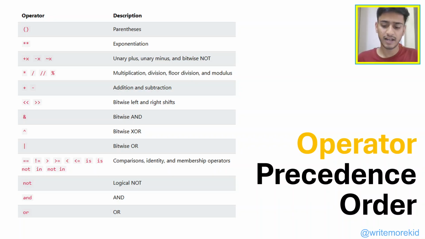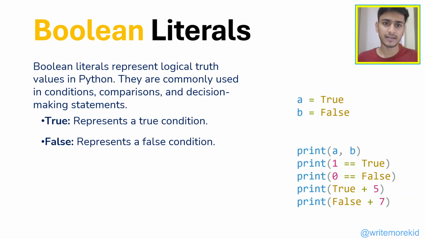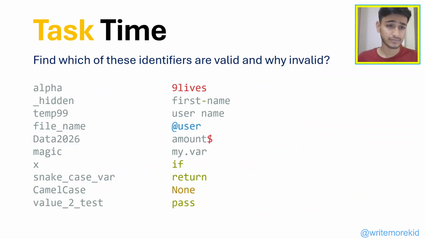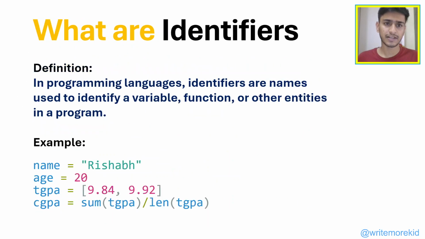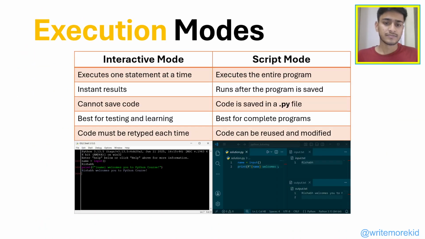So, before that, let's get started with operator precedence order. From top to bottom you will be seeing all the operators which we have studied. But before that, let me clarify one thing. If any of you is wondering that we did literals, then we completed identifiers and keywords.